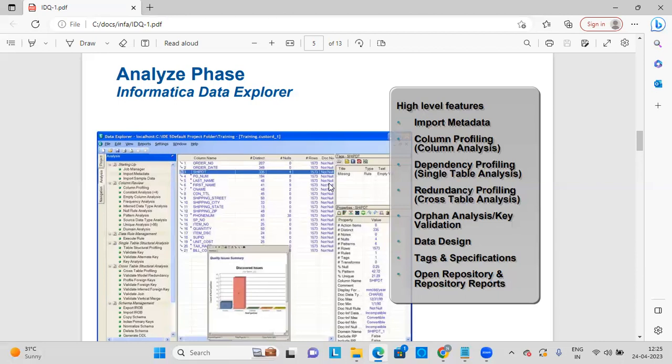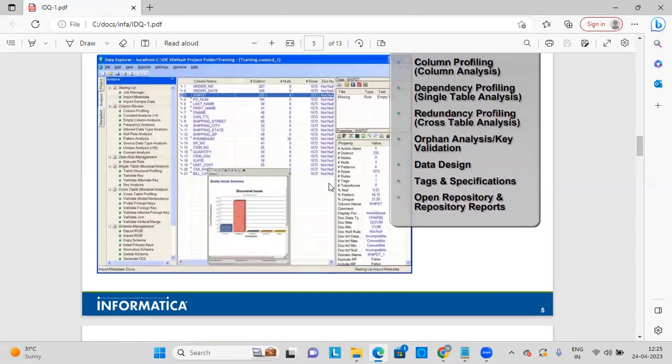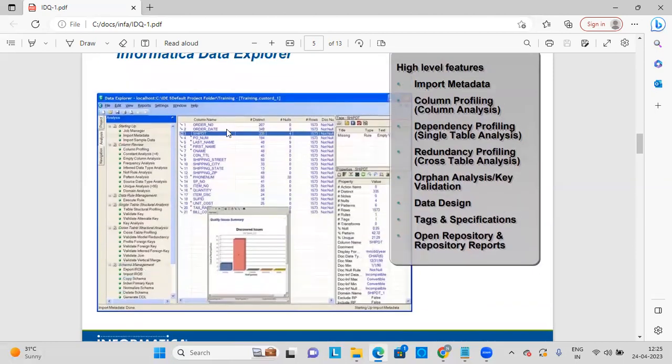So that's it, guys, about high level explorer features and analyst features. Can you see in this particular screenshot? Here, column and distinct records, nulls and so on. This is how we carry out column profiling. And we can also see charts, or we can also call it a scorecard. That we'll see later.